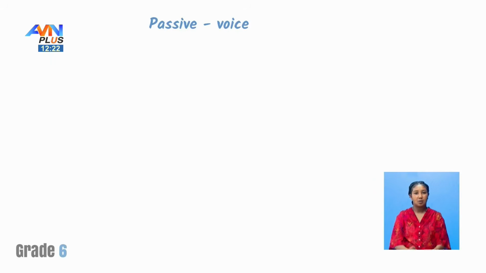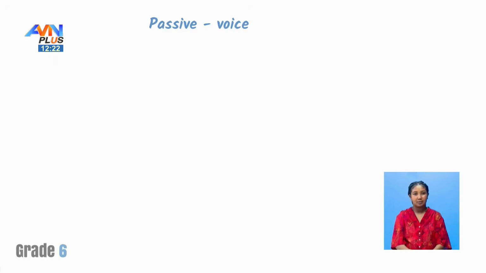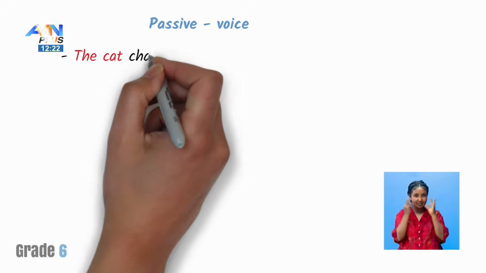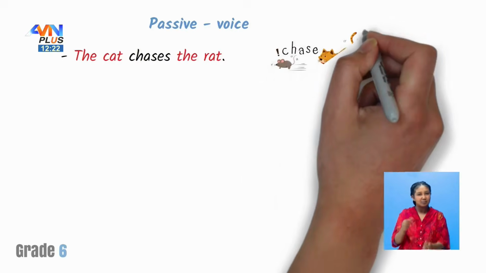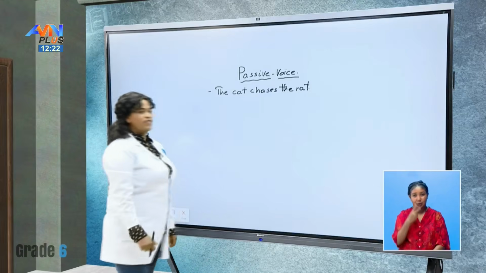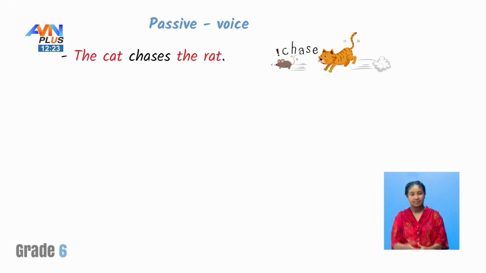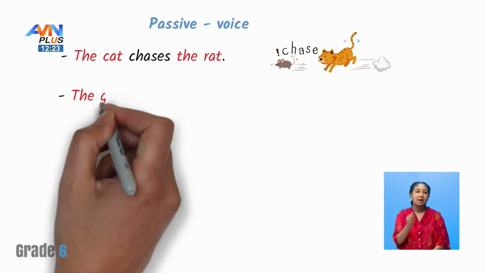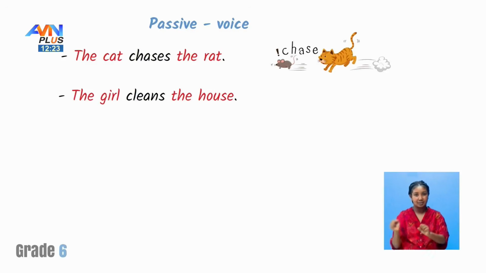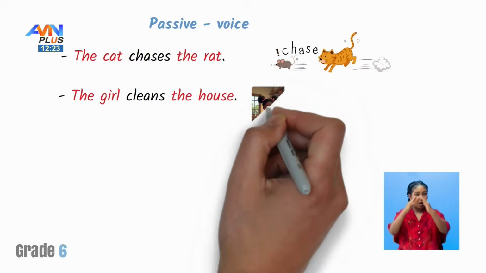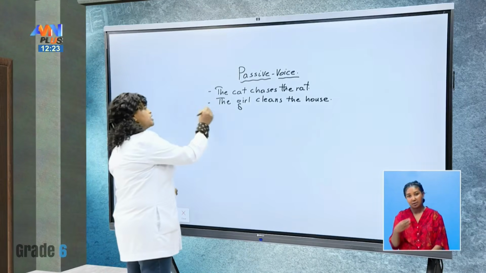All right. Let us see these sentences first. Look at this. The cat chases the rat. Look, the cat chases the rat. Okay, another. The girl cleans the house. And some more examples.